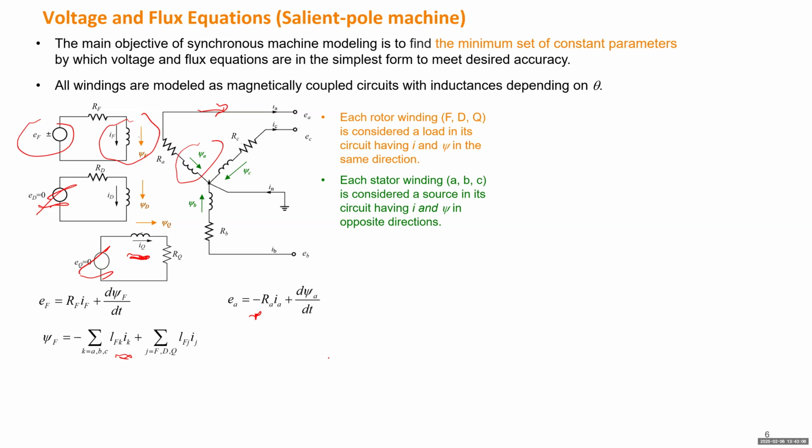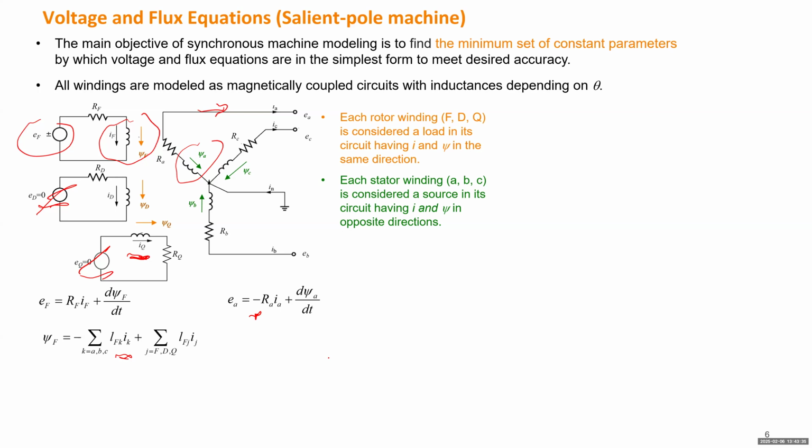Because we want to calculate the flux linkage in the winding F, each atom will be some mutual inductance with one subscript capital F, and the second subscript will be from either A, B, C, or F, D, Q. And then the current will be the same current in that winding.